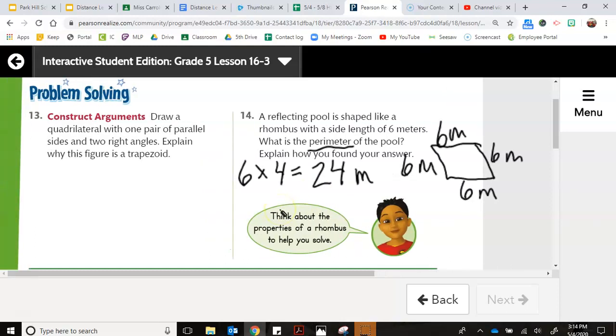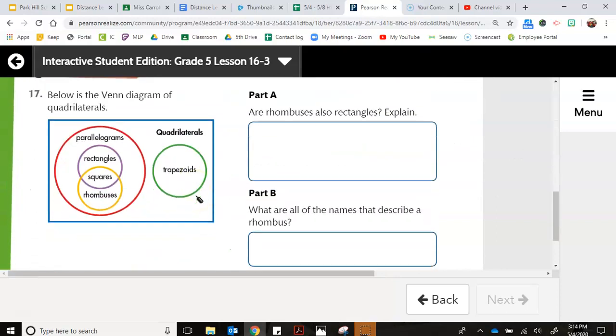Okay, last one we're going to do together is this one. So it already has it down here, which is nice. Okay, part A. Are rhombuses also rectangles? Oh, we already answered that before. So we talked about how sometimes their circles overlap, right?